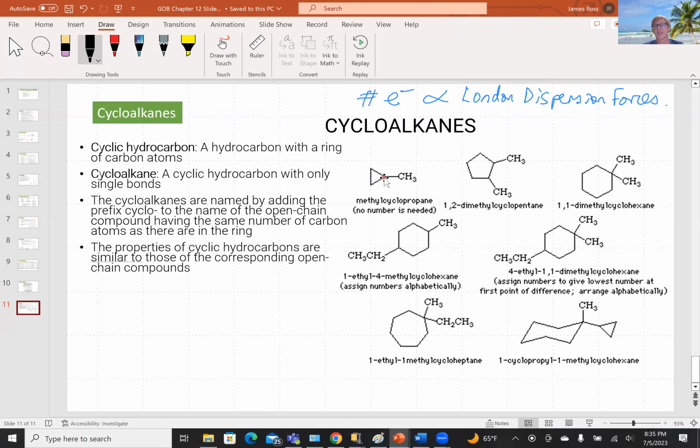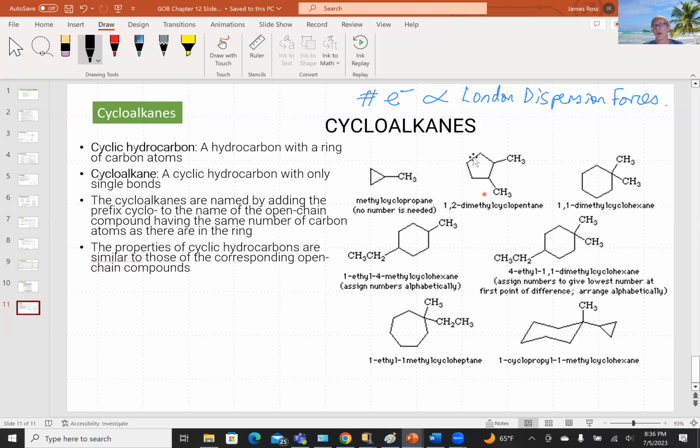And rather than say 1, because that's the lowest number I can give the methyl group, we just define it in position 1. We don't need to put 1 because it's implied it has to be in position 1. So we just call it methylcyclopropane. Again, it's not 1-methylcyclopropane, the 1 is assumed.